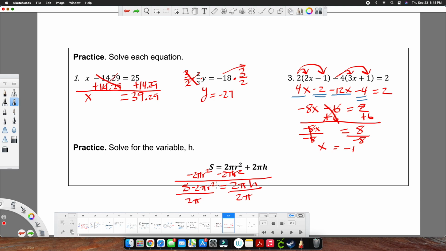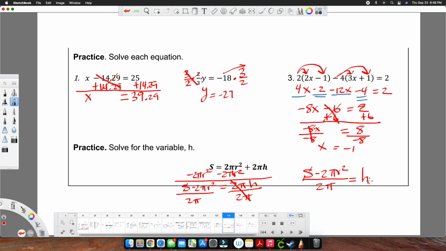So we don't want to cancel that, because then we would have to indicate this is a separate fraction. But I can cancel these guys, because this is just one piece. So the end answer would be, and I'll just write it off to the side over here, s minus 2 pi r squared divided by 2 pi equals h.